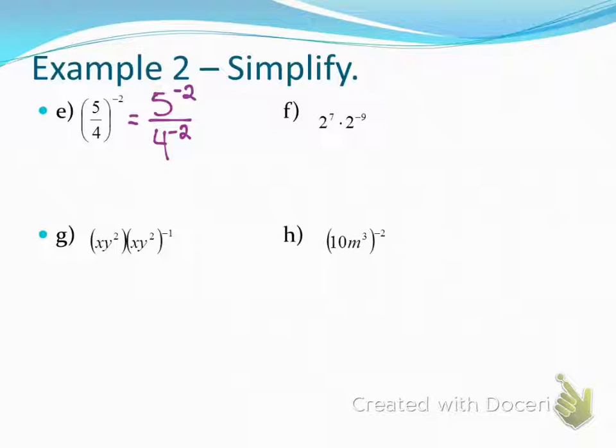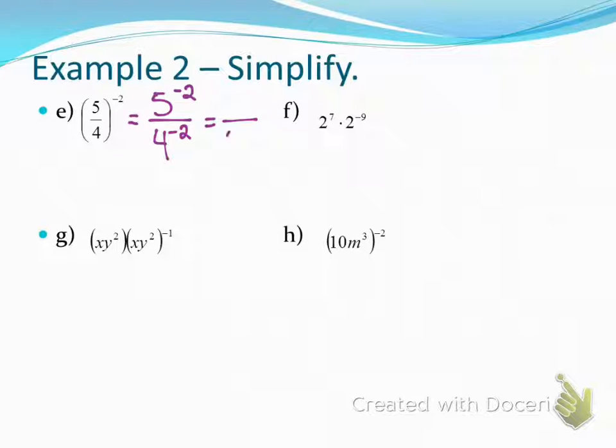Now, if you were following along with what we just did on letter D, the next part should hopefully be pretty straightforward. We gotta play stay or go. Should the 5 to the negative second power stay where it is, or go to the other side? Why should it go?